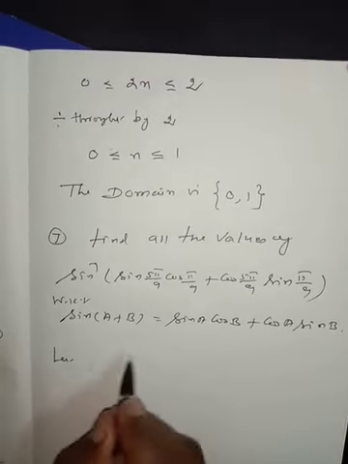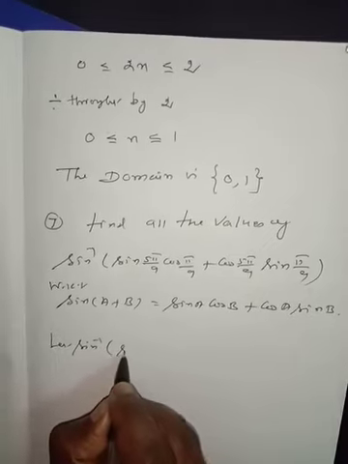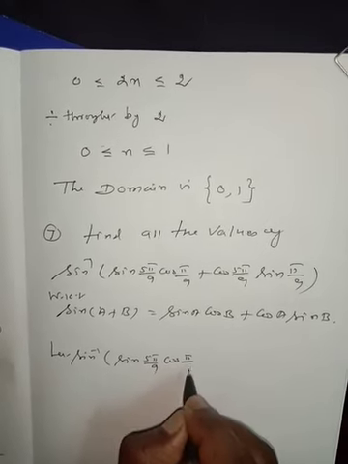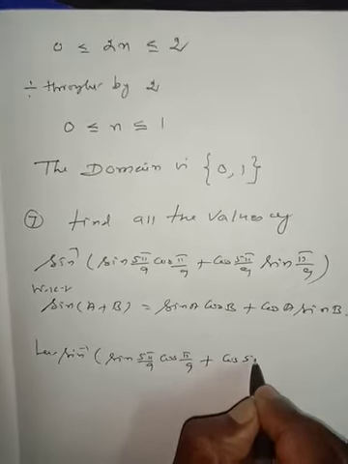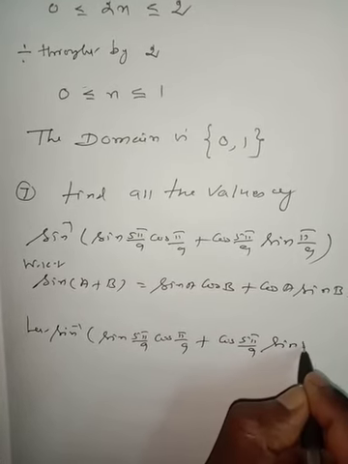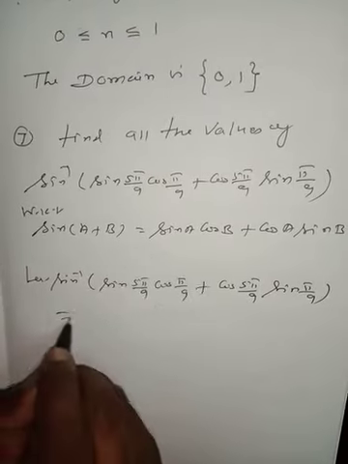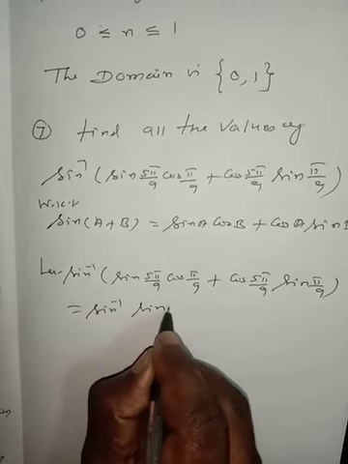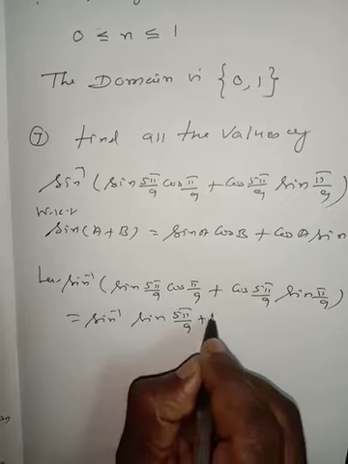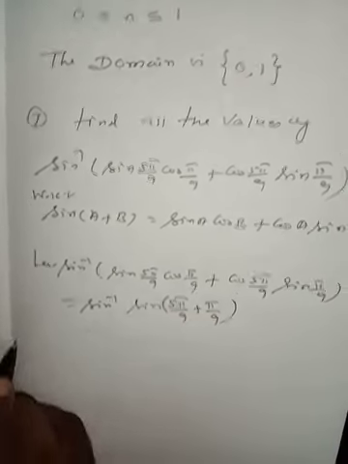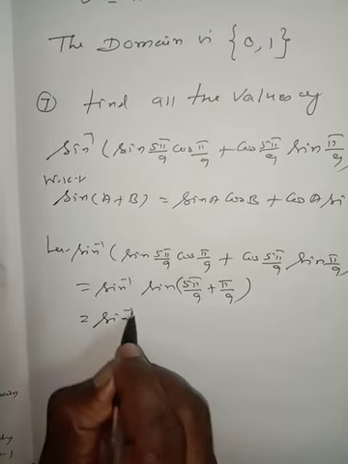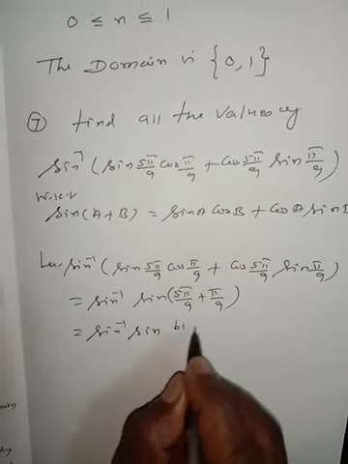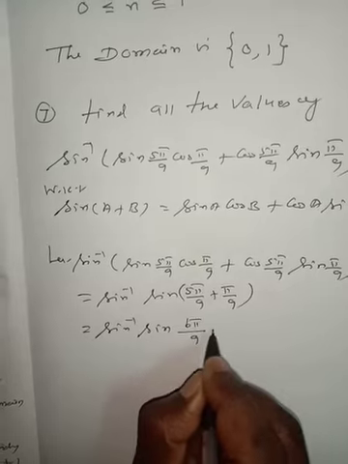Let sin inverse of sin pi by 9 cos pi by 9 plus cos pi by 9 sin pi by 9 is equal to, using the formula sin A plus B, sin inverse of sin pi by 9 plus pi by 9, is equal to sin inverse of sin, denominators are same, pi plus pi is 6 pi divided by 9.